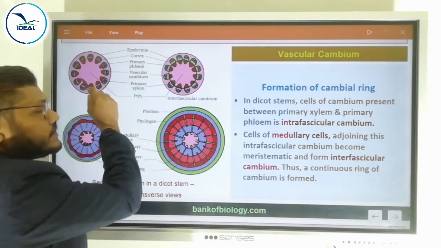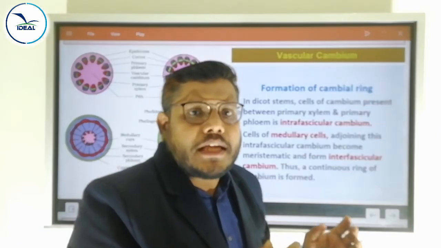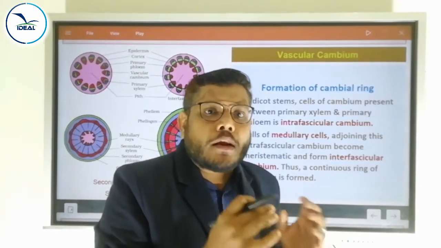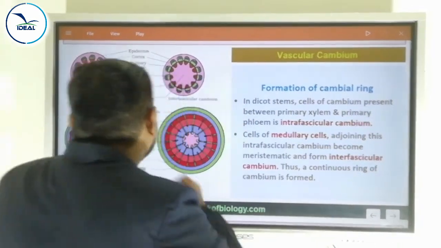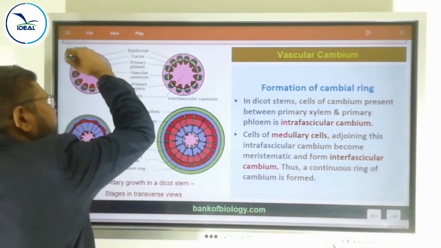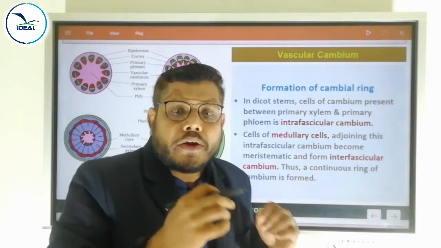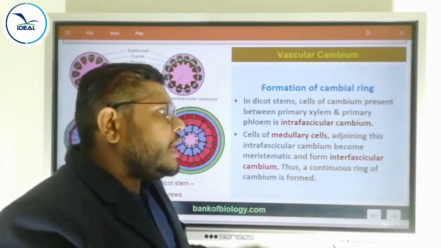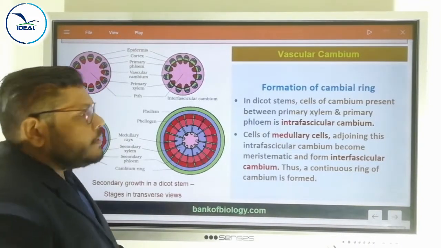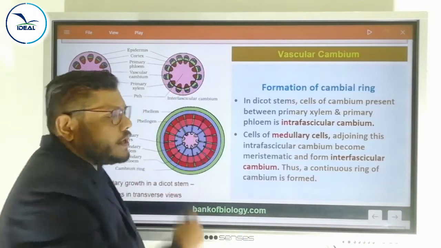Look, what are medullary rays? Medullary rays are the parenchymatous cells found between two adjacent vascular bundles. Is it clear? Look, between this vascular bundle and the adjacent vascular bundle, there are parenchymatous cells that are called medullary rays. Those medullary rays help in joining the intrafascicular cambium, which becomes meristematic and forms an interfascicular cambium.